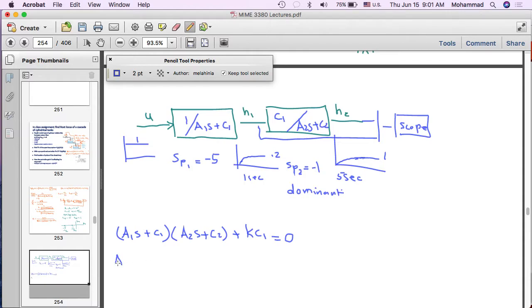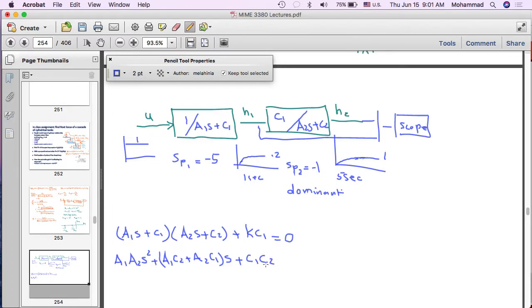It would be A1 A2 s squared plus (A1 C2 plus A2 C1) times s plus C1 C2.